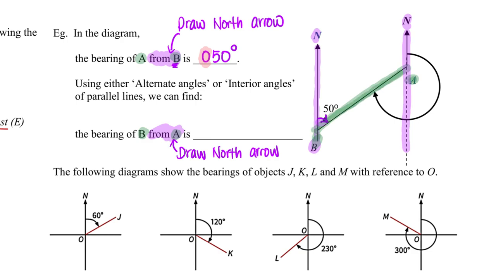When we draw the bearing, we start from the north arrow and draw in a clockwise direction. This angle that I've just drawn will be the bearing of B from A.